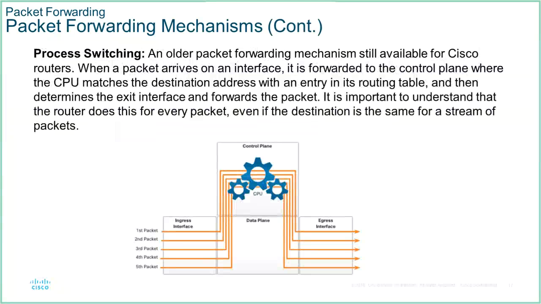So with process switching, every time a packet arrives, it needs to come via the entry interface, lift up from the data plane into the control plane where the routing function occurs. It determines the path and is then placed back down into the data plane and exits the next interface.